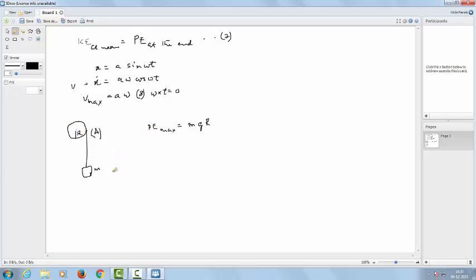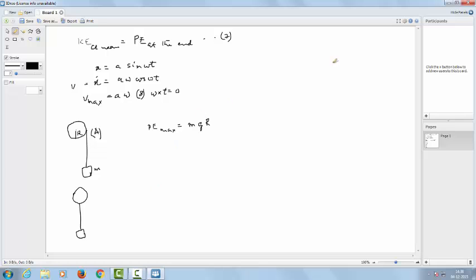And when the mass comes down such that it is over here, then the whole energy is kinetic energy.